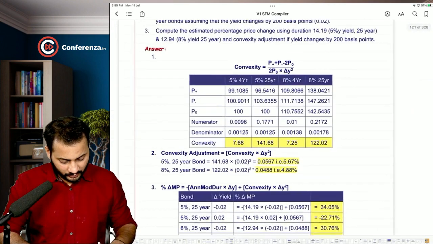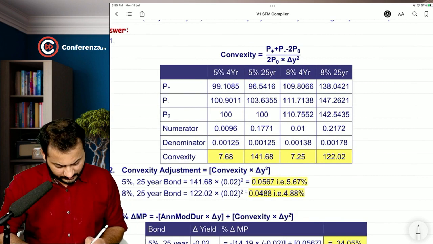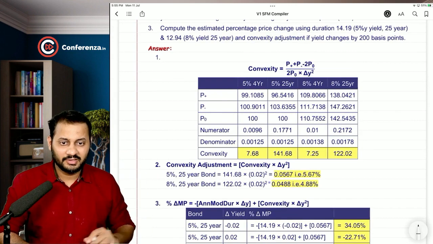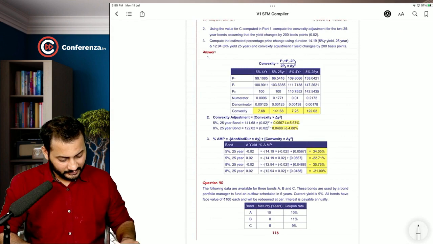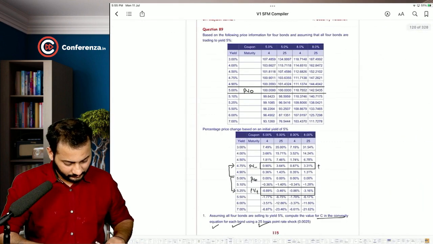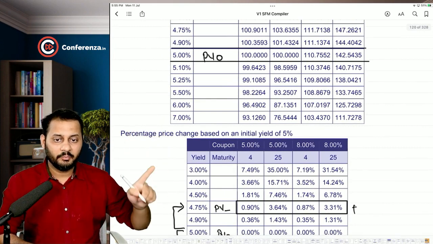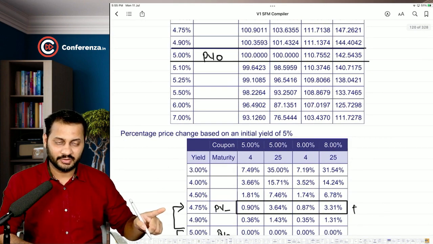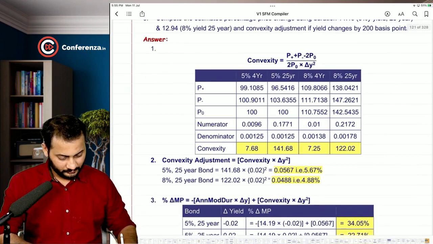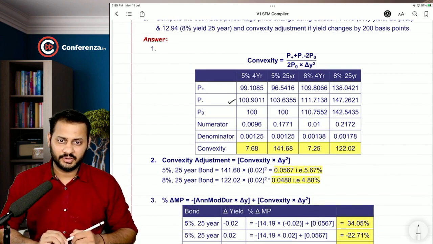Let's have a look. They have done it in this manner itself. I will just show you. 100 plus 0.90% is 100.90, right?